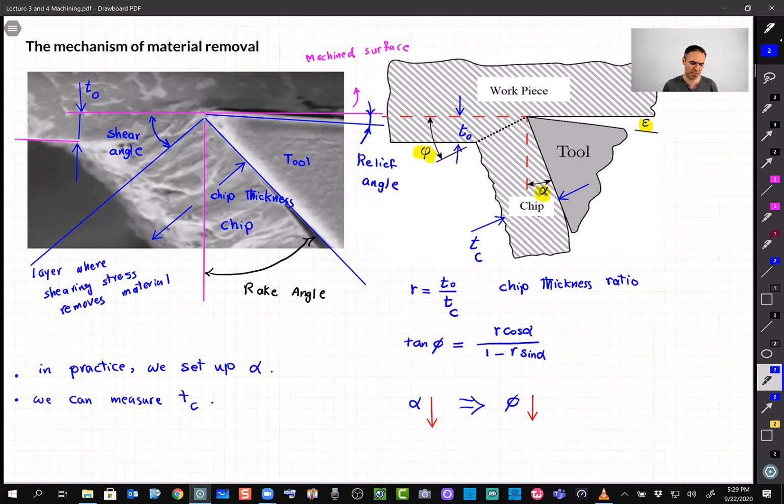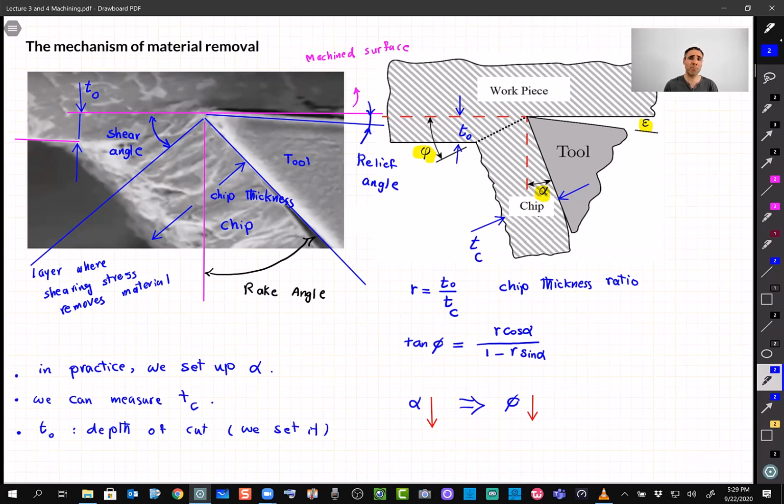And T0 is the depth of cut, something we decided. We set it. So if we have T0 and TC, we have R and we have alpha, so we can find out phi. Phi is the shearing angle.